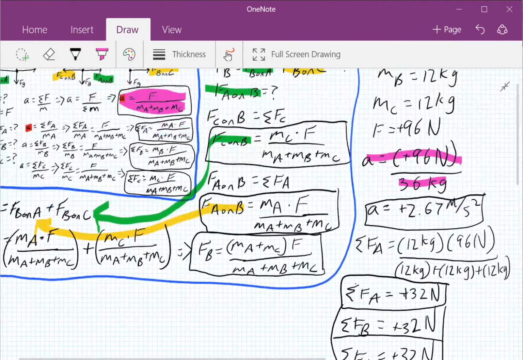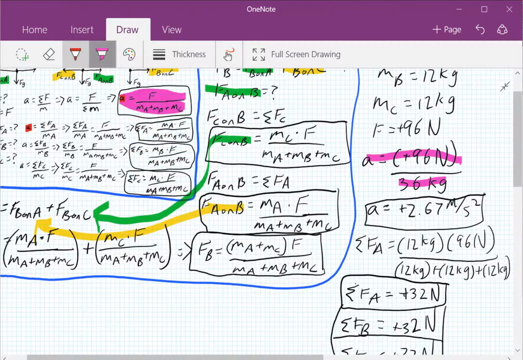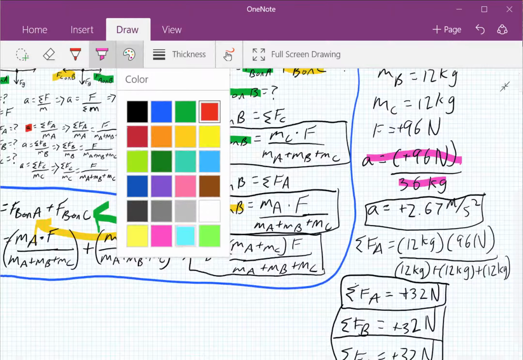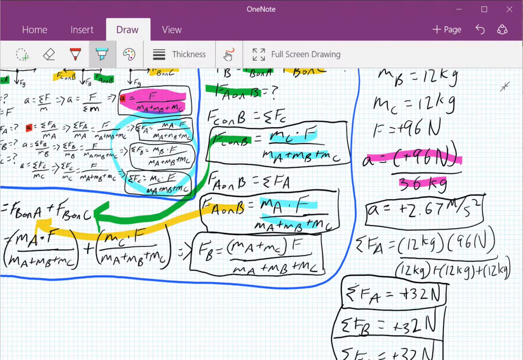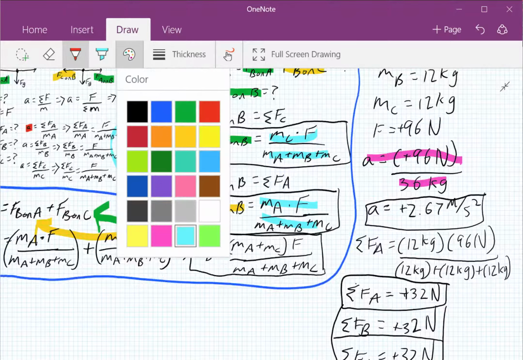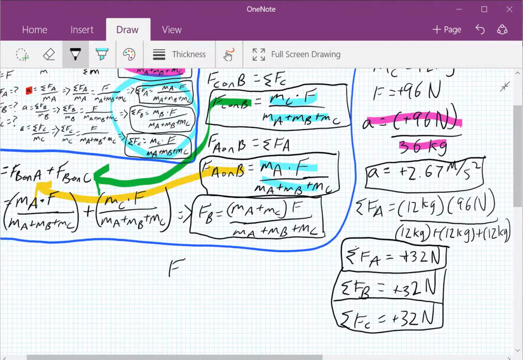Now keep in mind, these equations have all pretty much been the same. These values here and these values here equaled all these values here. So the last part there, you'd have F_A equals 32 newtons.